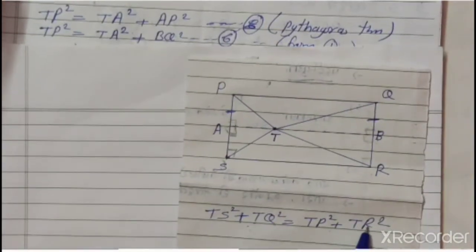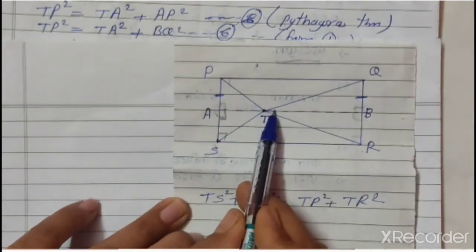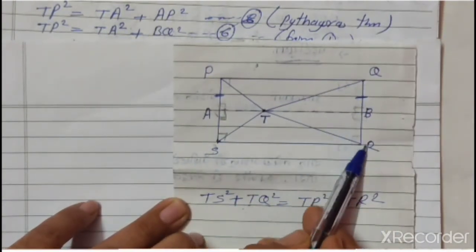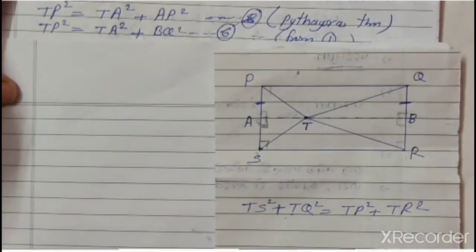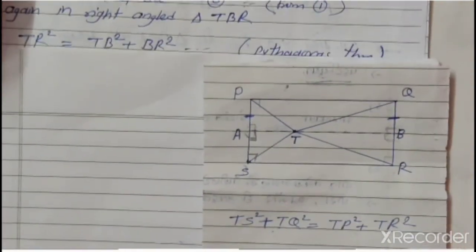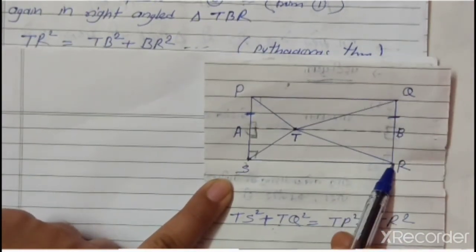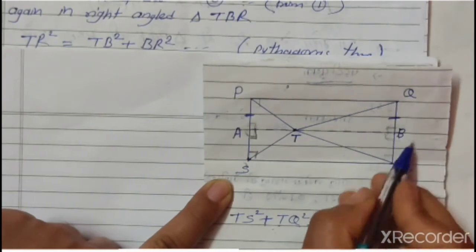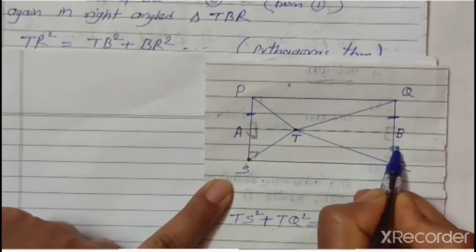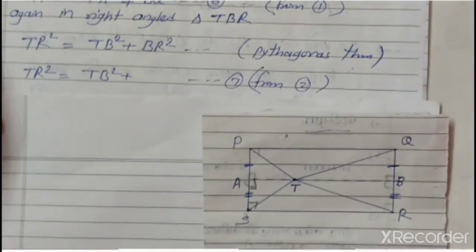Now use this TR square. TR is again a part of this right angle triangle TBR. So in this right angle triangle, again by using Pythagoras theorem, hypotenuse square is equal to side 1 square plus side 2 square. Again I am just replacing BR with AS from equation number 2.